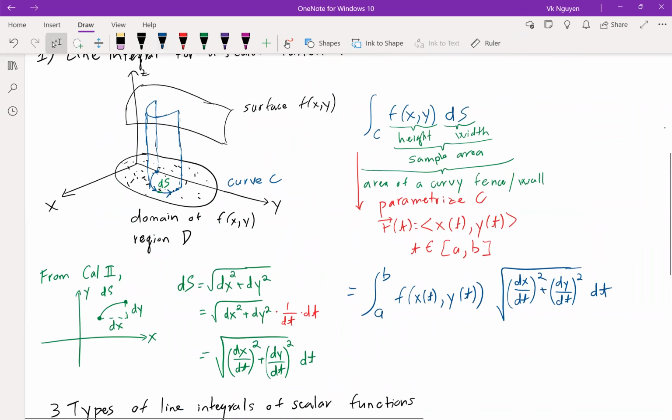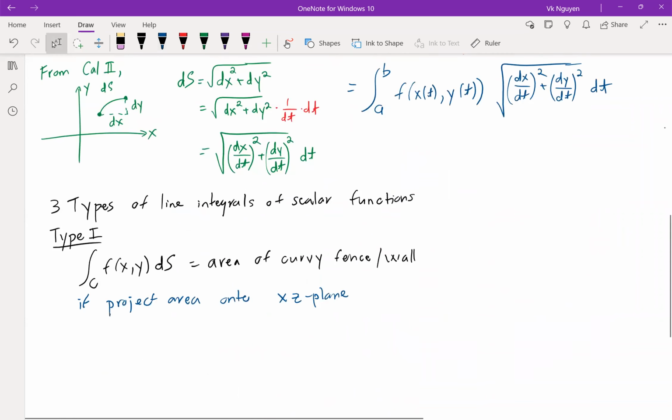You push it onto the xz plane, then we have an integral over the curve C. Well, this one, you can guess it, is the integral of f(x,y) dx, because you push it onto the xz plane.